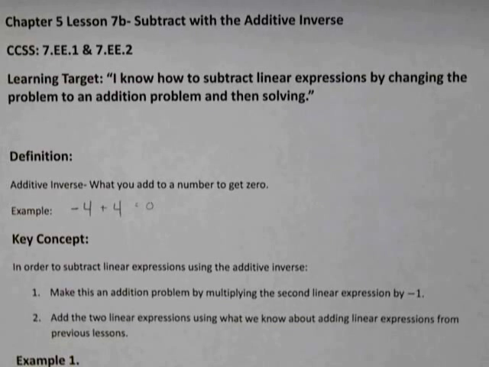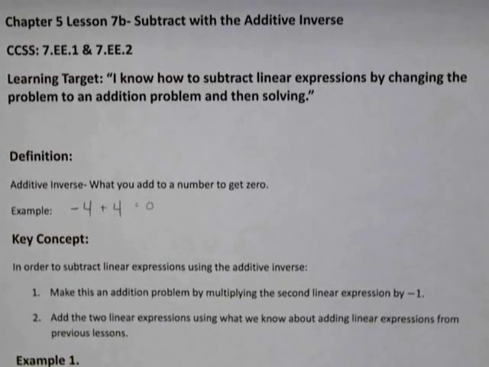The second thing is to then add the two linear expressions using what we know about adding linear expressions from previous lessons. Before we subtracted linear expressions, we added linear expressions, and that's exactly what you have to do. Once you multiply by -1 and find the additive inverse of that second linear expression, then you can just add them like we normally did before.